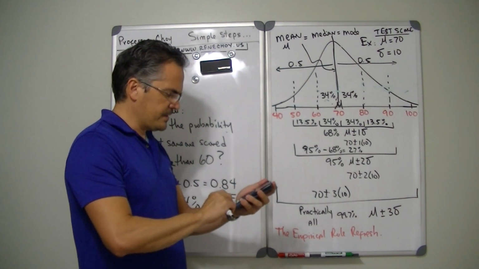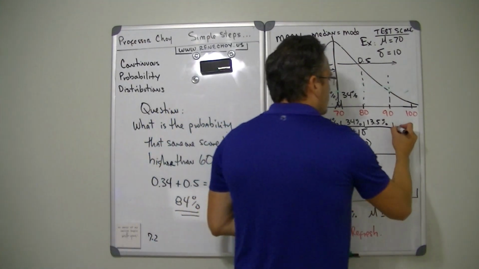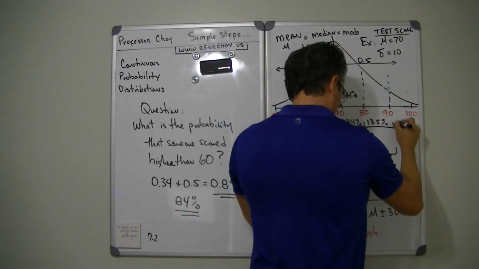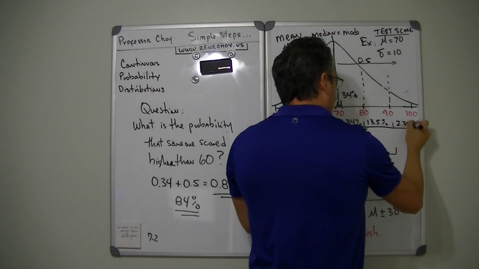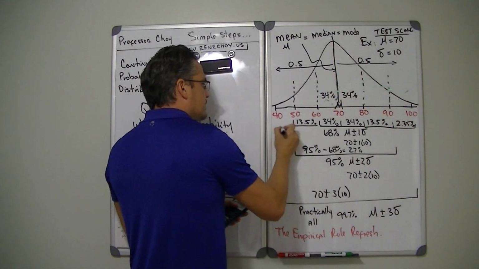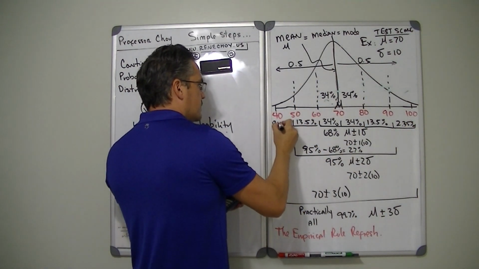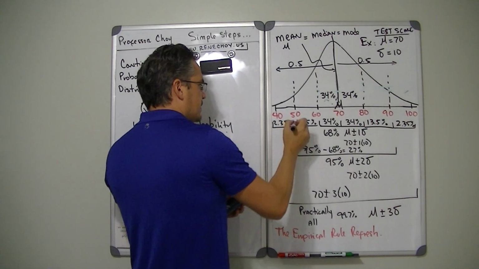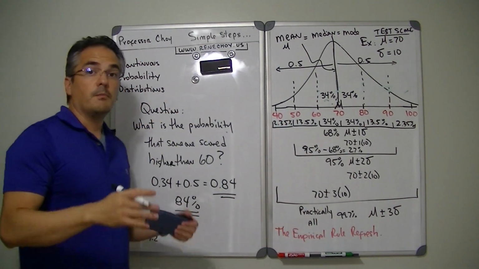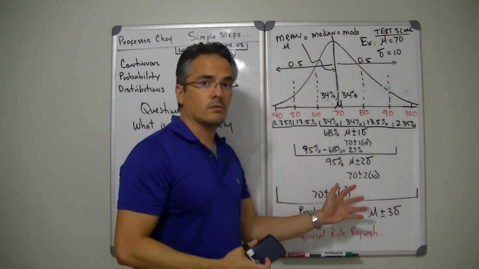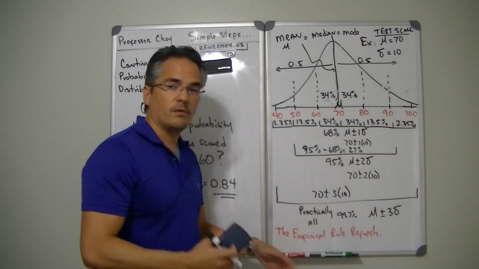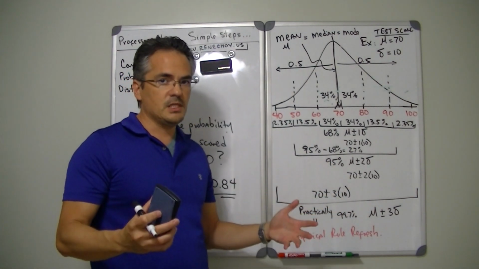And then divide that by 2. So this here is going to be 2.35%. And this here is going to be another 2.35%.